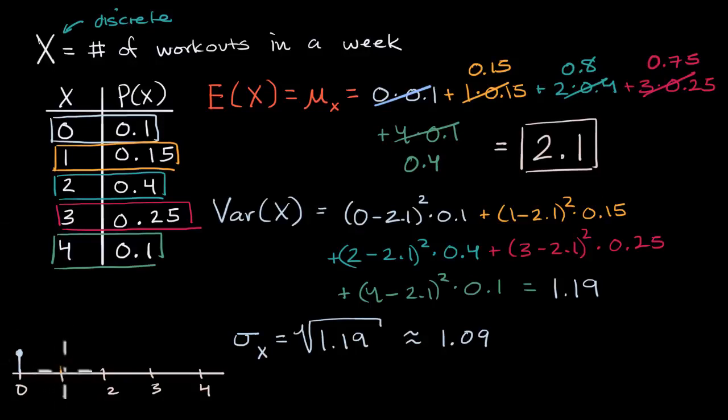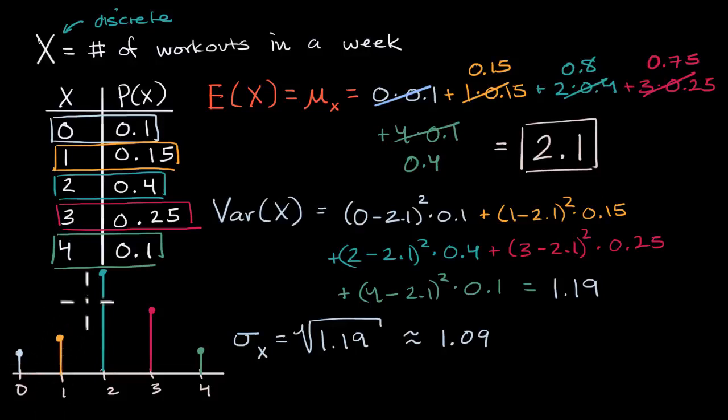So it'll look something like this. You have a 40% chance of getting a 2. So that's going to be like this. You have a 25% chance of getting a 3. So it'll look like this. And then you have a 10% chance of getting a 4. So it'll look like that.